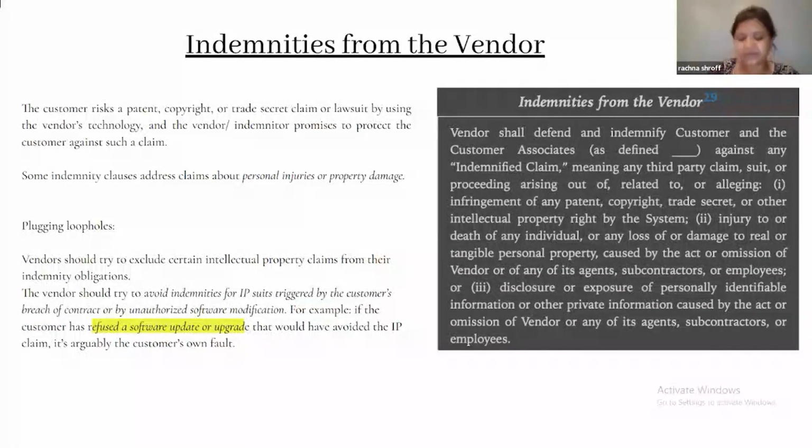Yeah, because sometimes it runs because there are smart minds behind it who can crack the code and get it going for you. Sometimes it doesn't. Why? Because you are using a modified version or an upgraded version which is not authorized by that company.